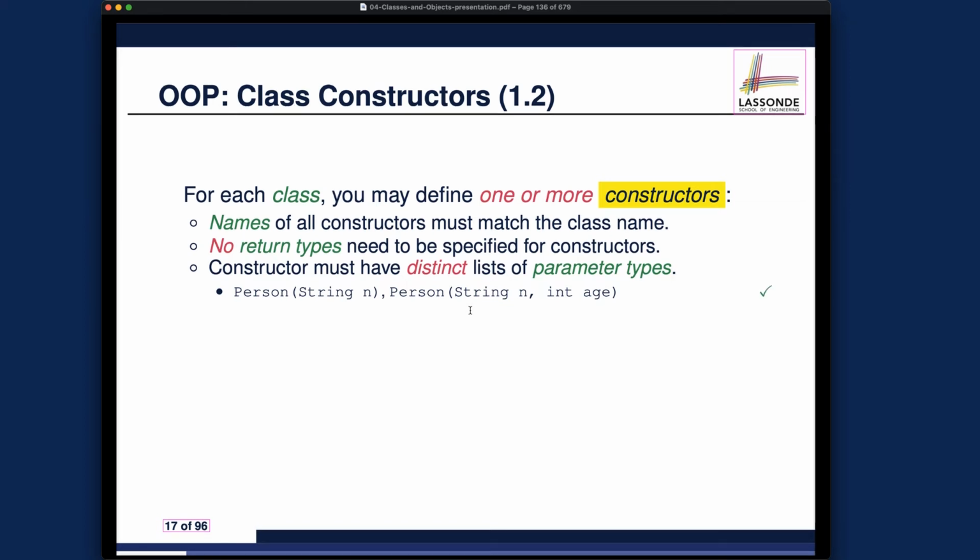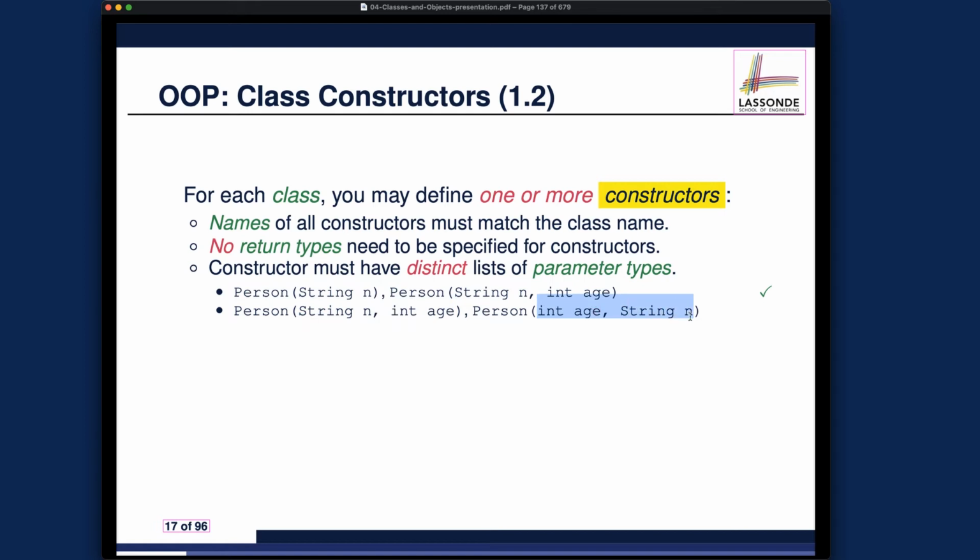What about the second one? Let's say you've got two constructors here. In the first case, you've got a list of size 2, and for the second version, you also have a list of size 2. Would this be okay? The answer is yes, because the order of the parameter types actually matters. The first one is string followed by integer, and the second one is integer followed by string.